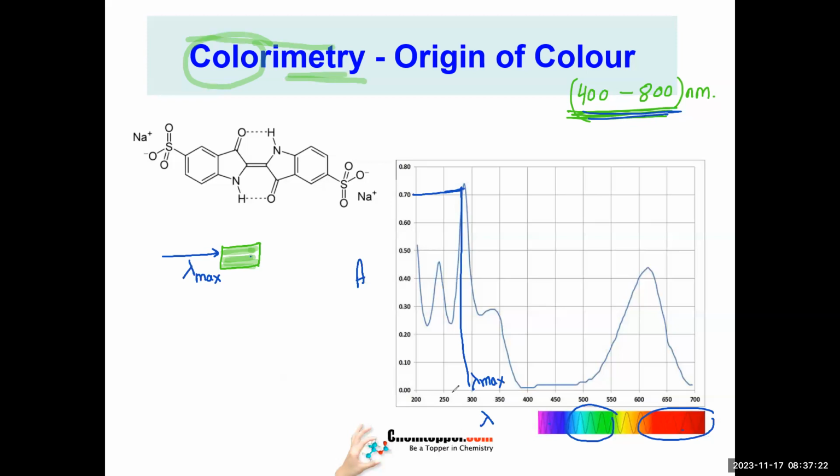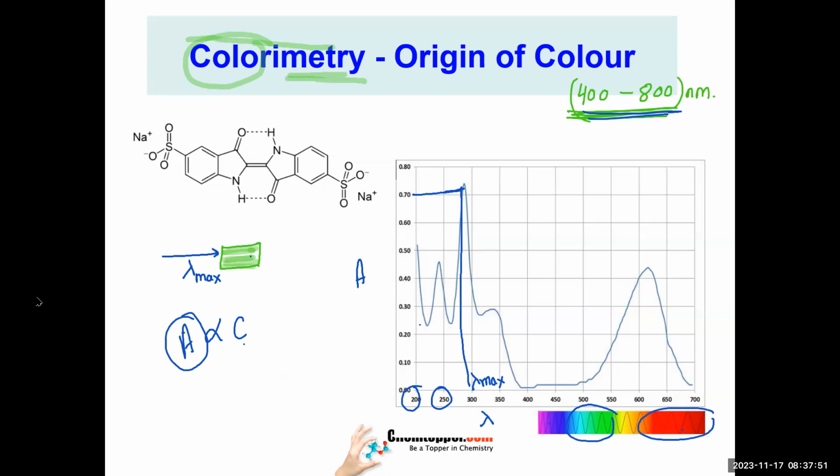If you select wavelength from here or here, absorbance is there, but not maximum. So that's not going to give you very accurate values of absorbance. Absorbance is directly proportional to the concentration. If you do error in the absorbance, then you are going to do error in your concentration calculations. So whenever there is a lab, we have to focus on errors also.